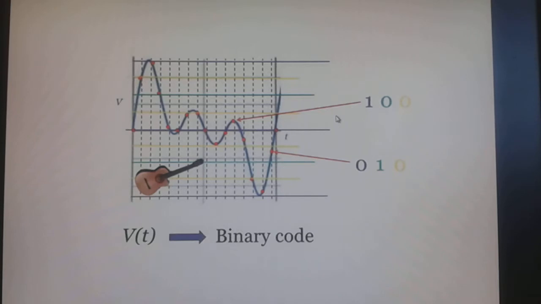For the first point, it is below, so it will be 0, but it's above the green line, so here at the bottom part, it's a 1. Then this section here is below, so it will be 0. So what we have here is voltage as a function of time being changed to binary codes, so the computer can read it.